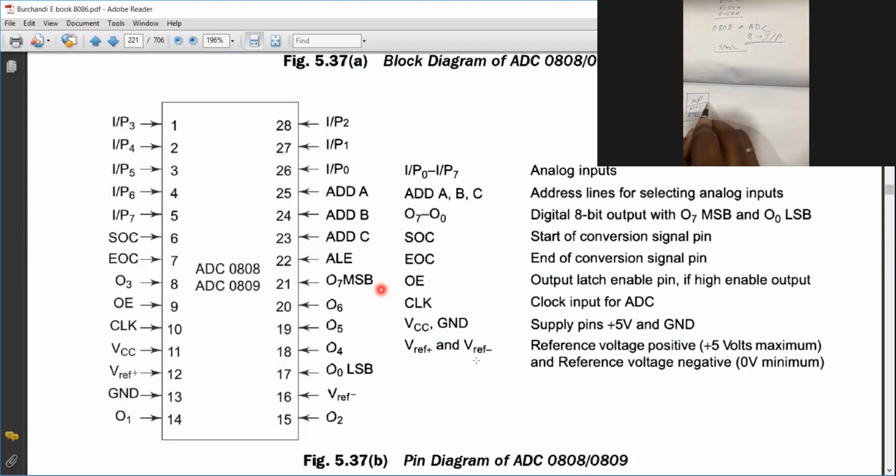This block is connected with an 8255. Without 8255, it cannot connect with any kind of things, right? Okay. Then it is connected with an ADC. Then it is connected with a sensor and transducer. Is it clear?